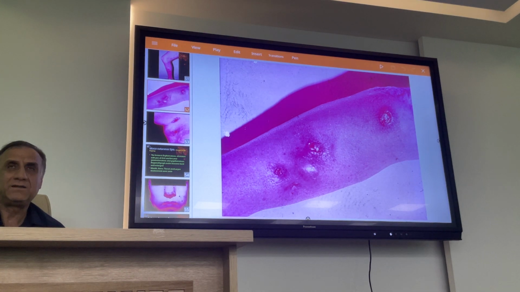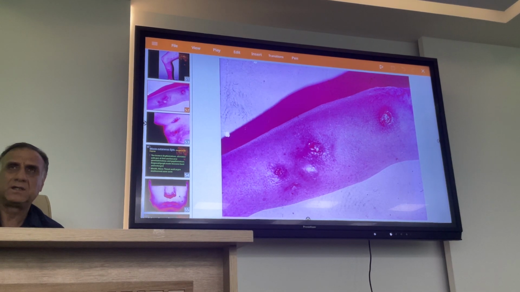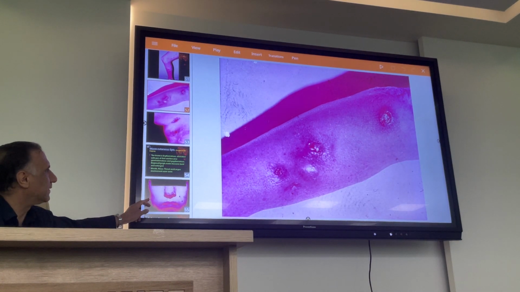In this patient, you have a fungal infection. Treatment is completely different.